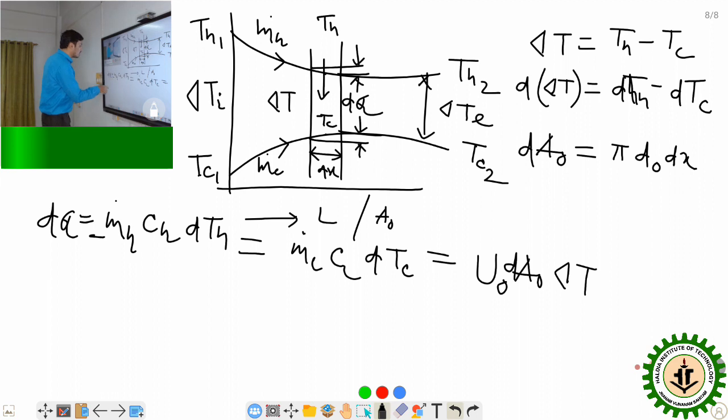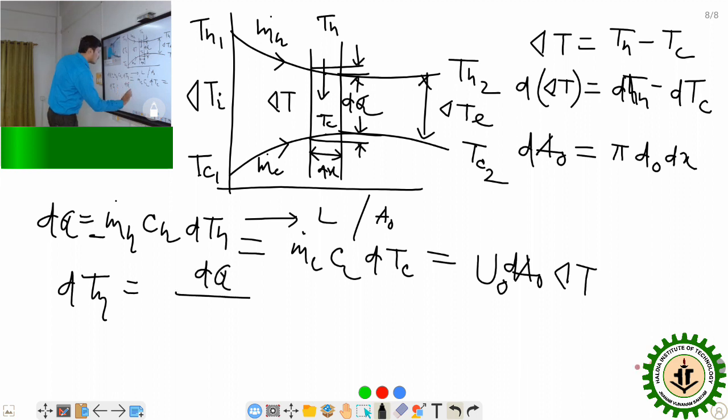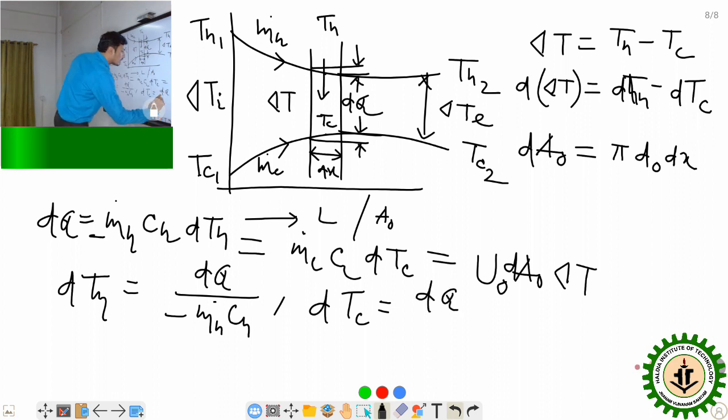Now from here we could write dTH. It would be nothing but minus dQ by mH CH, and from here dTC would be dQ by mC CC.